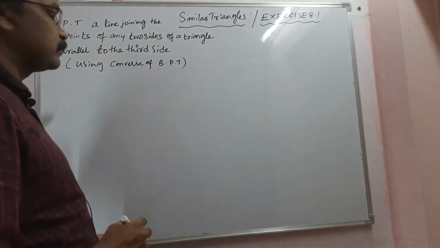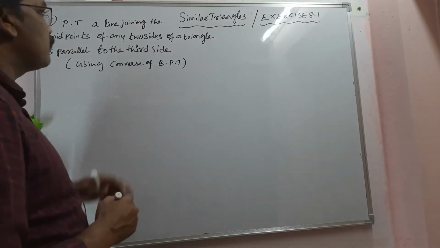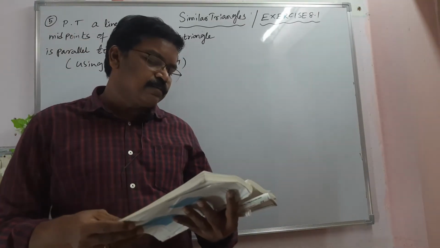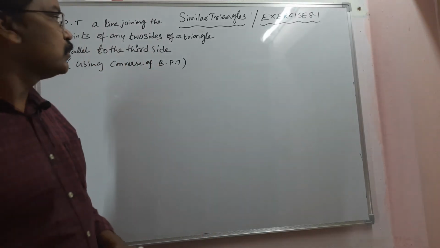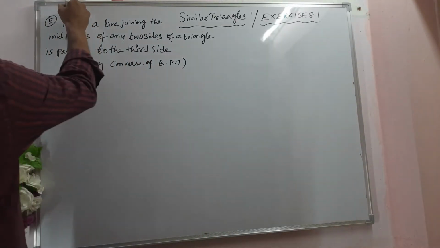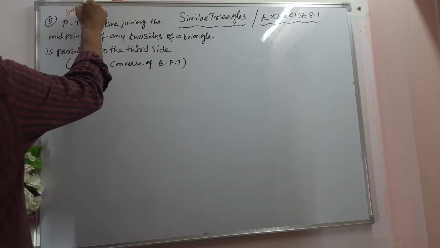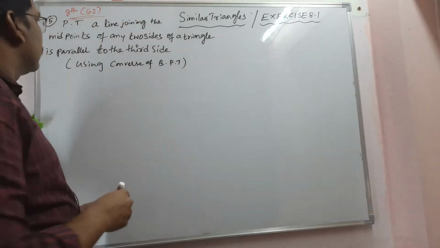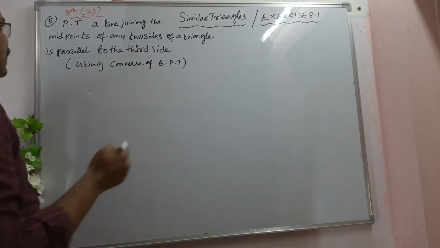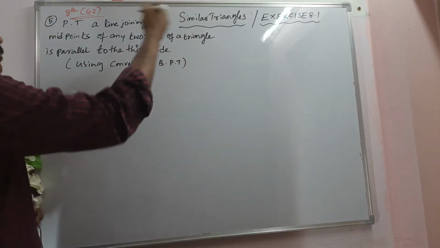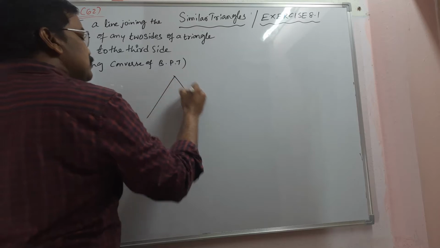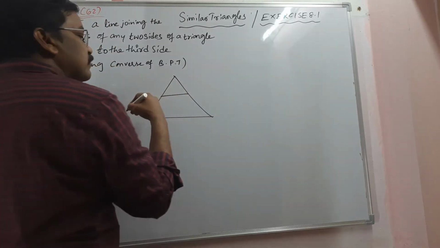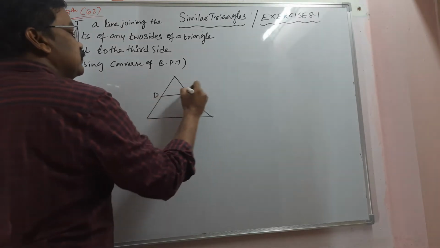Okay, students. Here, fifth sum. And this is the 8th sum in exercise 6.2 for CBSE students. What is given here? Prove that a line joining the midpoints of any two sides of a triangle.